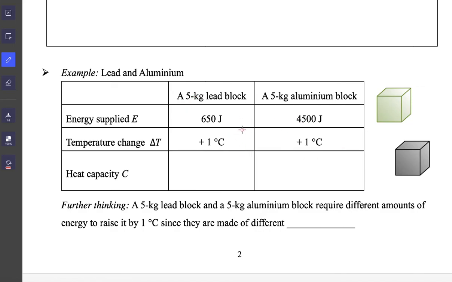And E here is different, but delta T here is the same. So you can guess that the C of these two blocks would be different. And I would like you to try to calculate the heat capacity here and also think about why, having the same mass, they require different amounts of energy to raise the temperature by 1 degree Celsius. So that's all for this video.